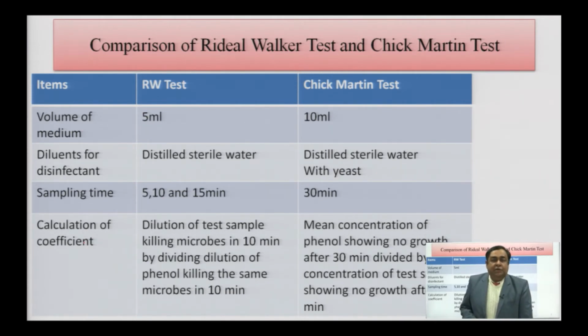That is, we are changing the volume of the media. In the Riedel-Walker test, the diluent which we used to prepare the disinfectant solution was nothing but sterile distilled water. But in the Chick-Martin test, we make a major modification, where instead of distilled water we add yeast also to it.